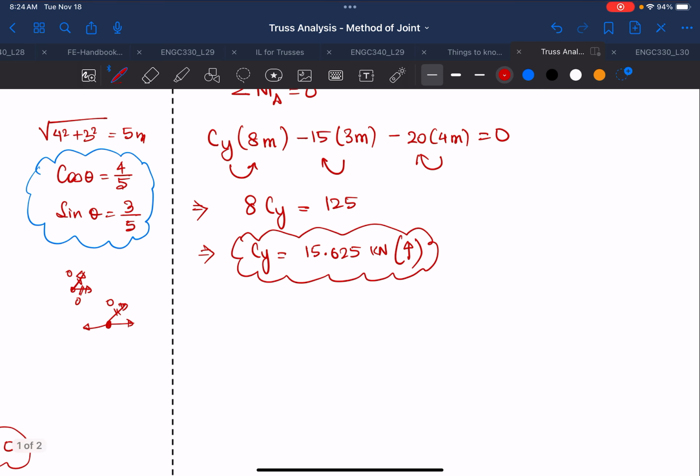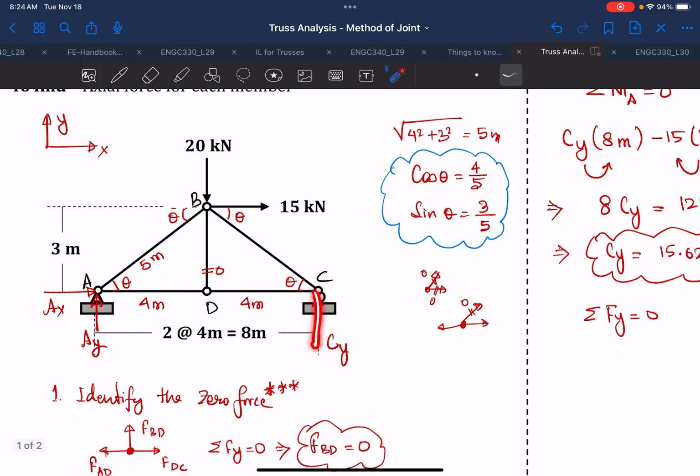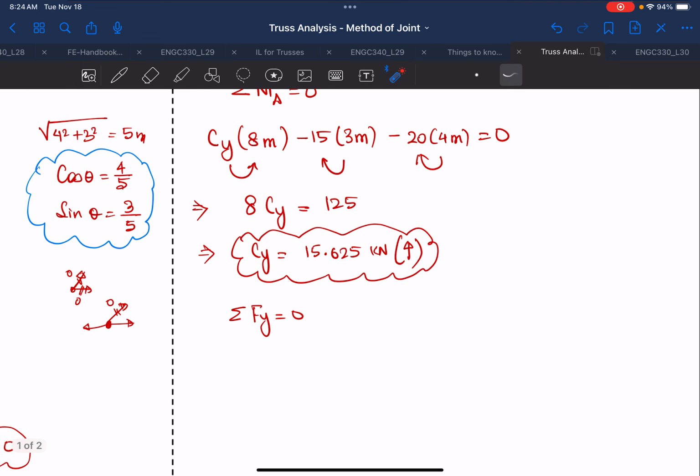Now once we have Cy, we can take the summation of all the forces in the y direction. The sign convention is upward is positive and downward is negative. So in this case you'll have Ay, which is upward, minus 20, which is downward, plus Cy, which is upward again, equal to 0.